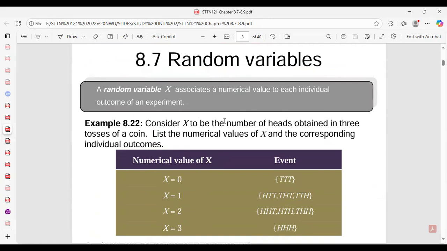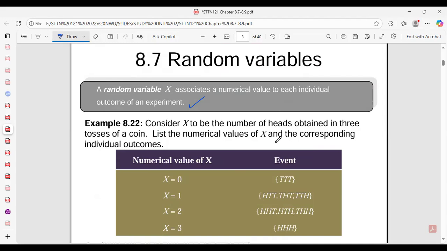For random variables, it's very important to know the definition of a random variable. A random variable X associates a numerical value to each individual outcome of an experiment. This is the definition of the random variable. For example, this is very important. I'm going to show you something.